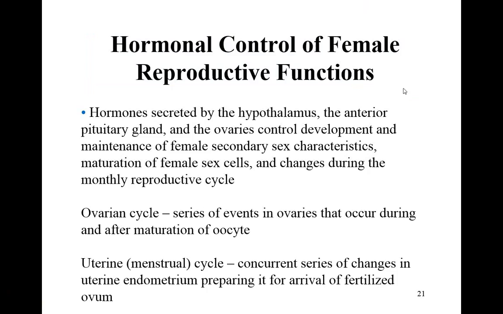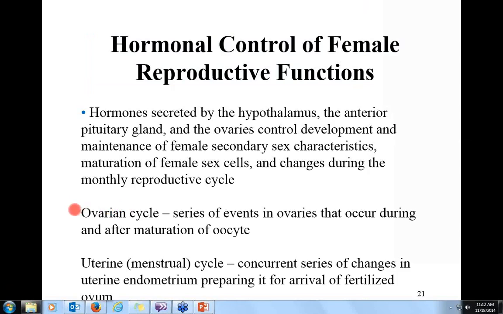Okay, so because of that, there are two cycles. There's the ovarian cycle, which is the events in the ovary, so it's the release of the oocytes. The uterine cycle, also known as the menstrual cycle, is the changes that occur in the endometrium. The endometrium is the inner lining of the uterus.